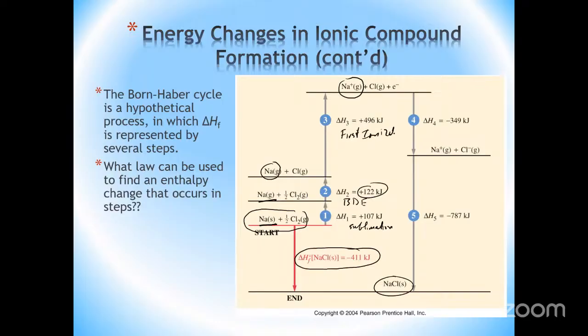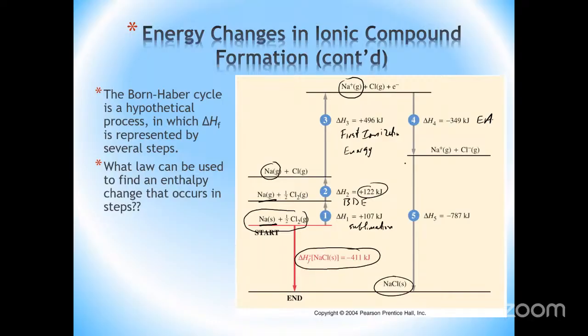Ionization energy, all right? So that's the energy required to remove one electron from the gaseous atom to form the gaseous ion, right? And then the next step is where the chlorine acquires that electron to form the chloride ion. And this would be the electron affinity, all right, of the chlorine gaseous atom, all right?